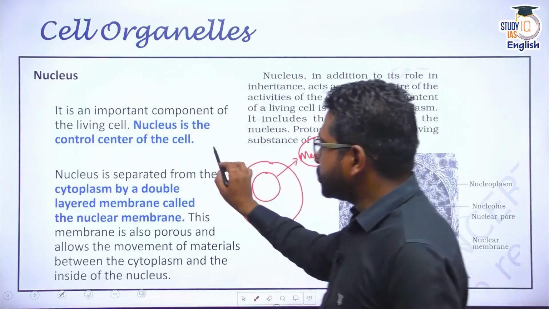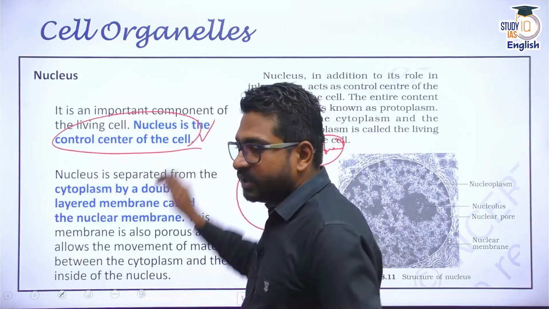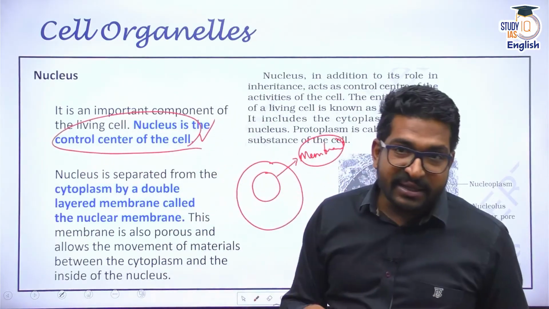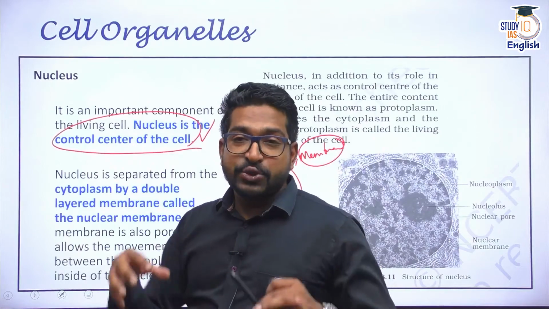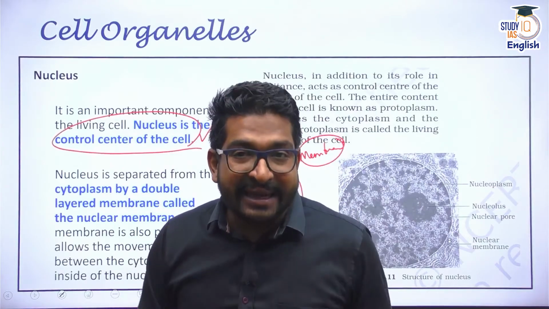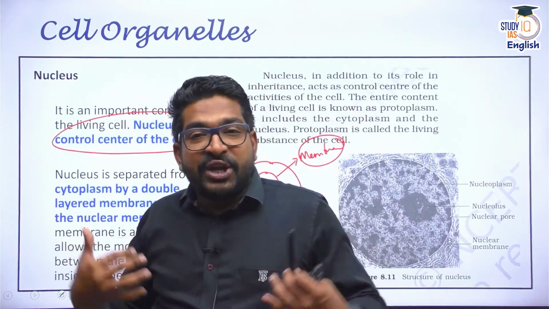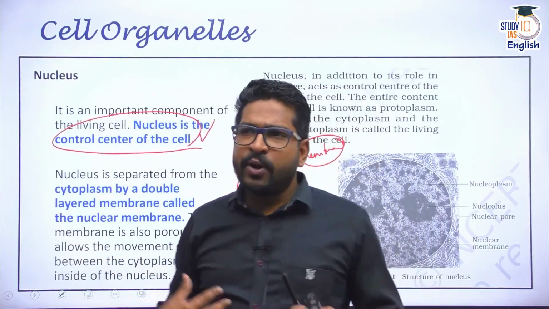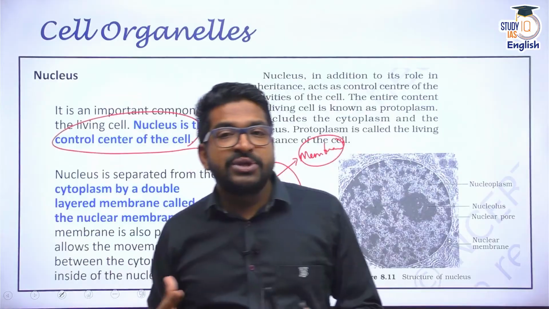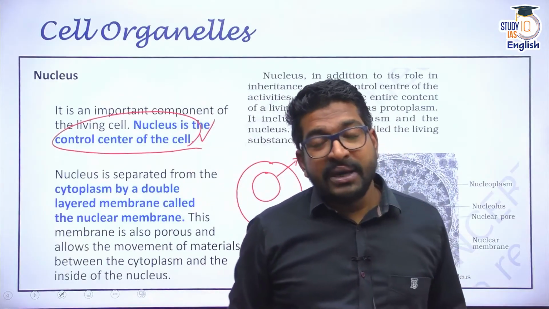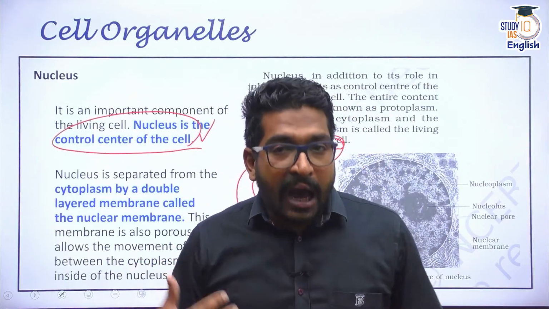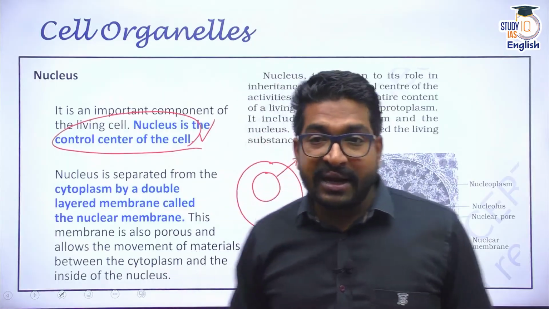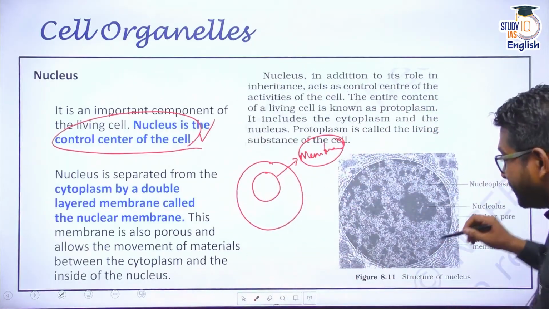Nucleus is like the control center of a cell. This nucleus contains chromosomes. These chromosomes are made up of DNA, and this DNA is our genetic information. Human DNA is composed of about 20 to 25,000 genes, which have already been mapped. These genes are responsible for our characteristic features, and these are all housed inside the nucleus.